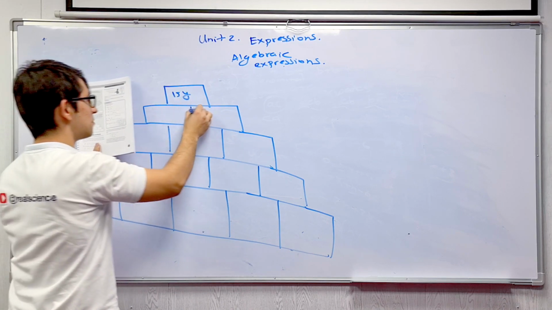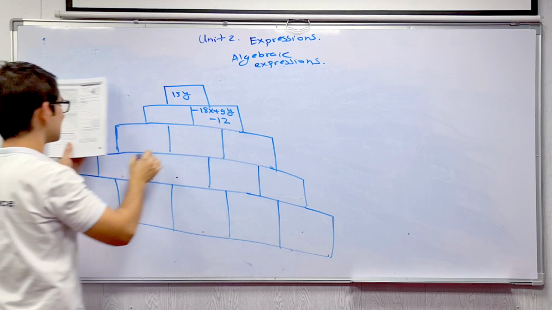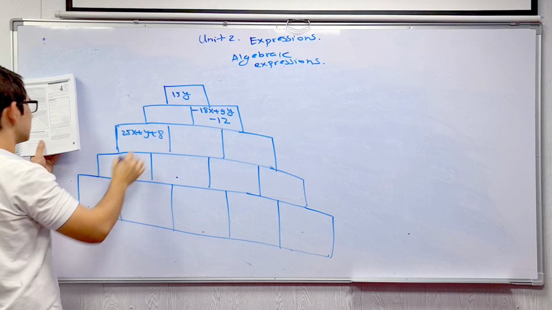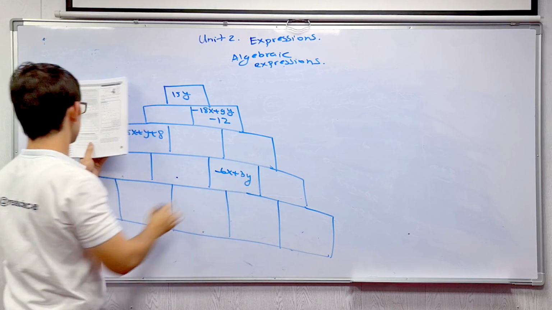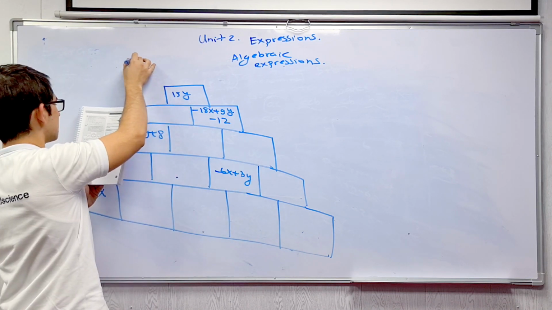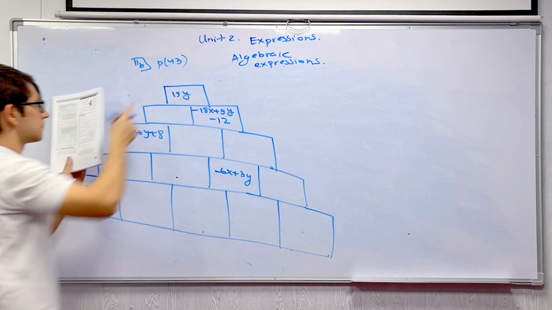15y minus 18x plus 9y minus 12. 25x plus y plus 8. Here, minus 6x plus 3y and 26x. So it was part B of the 11th exercise, page number 43.